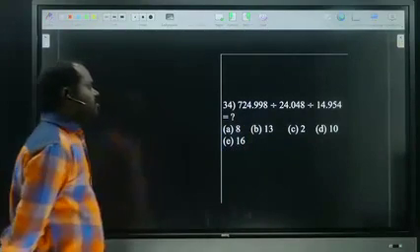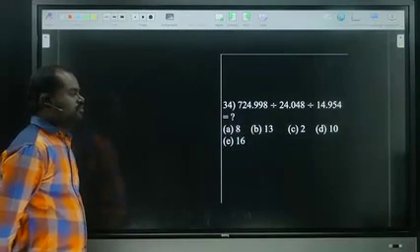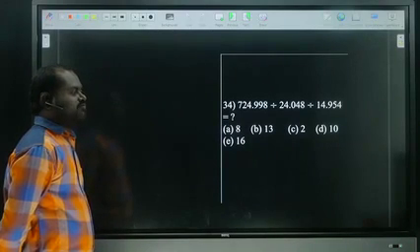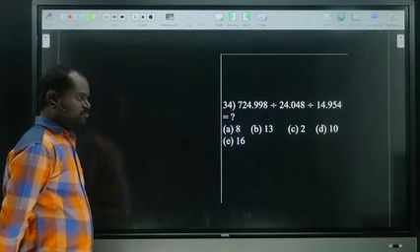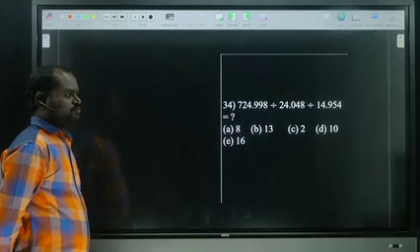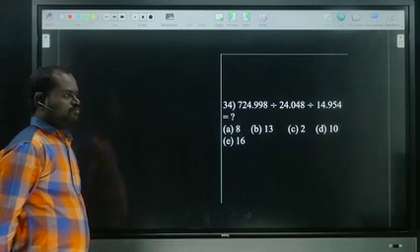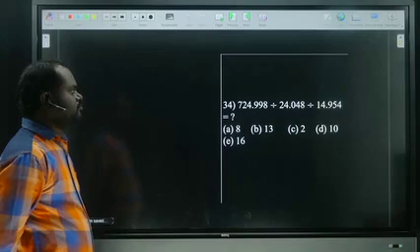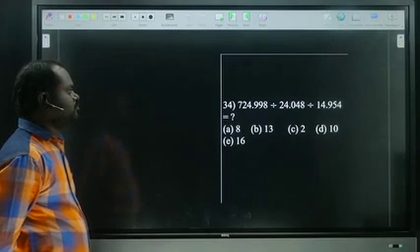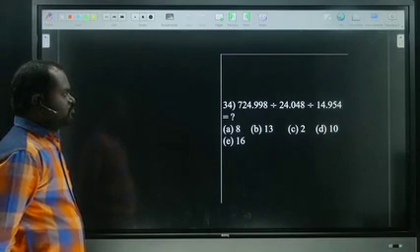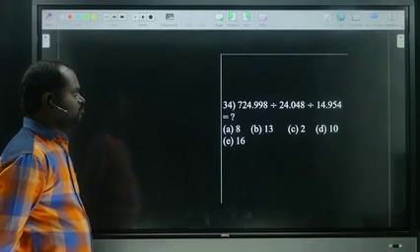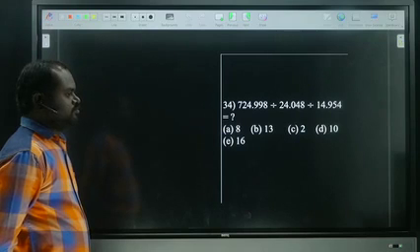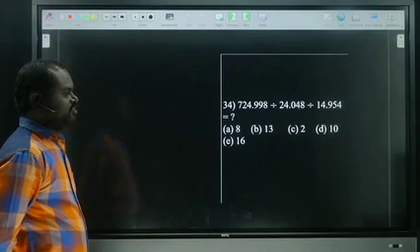Now try this: 724.998 divided by 24.048 divided by 14.954. Any answers?